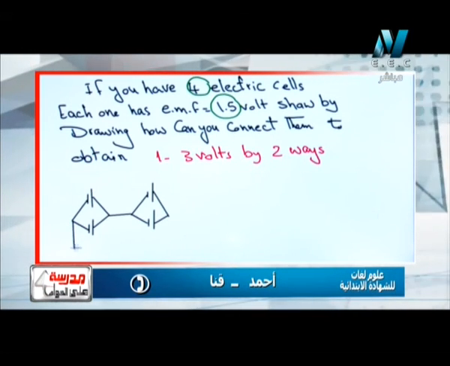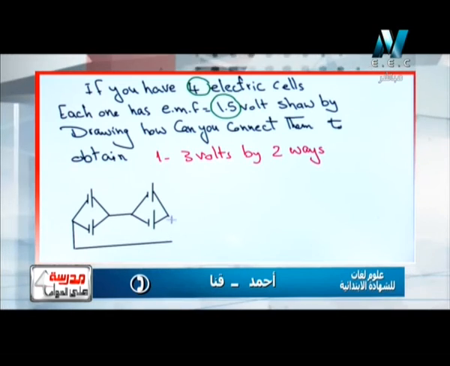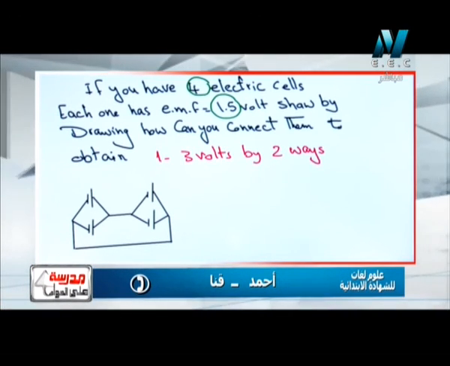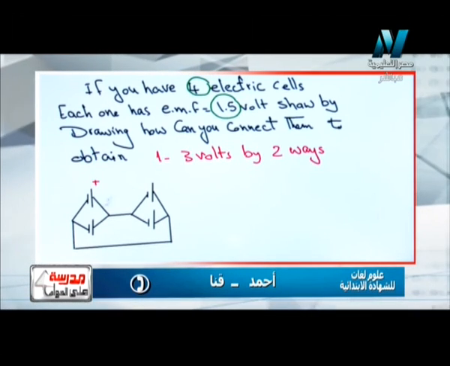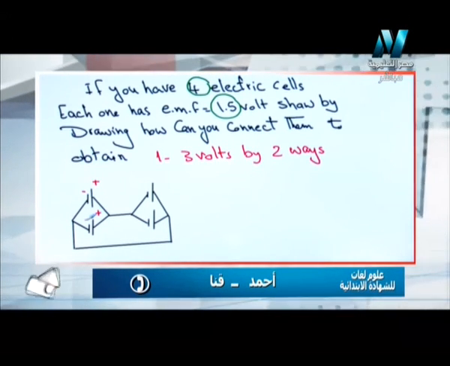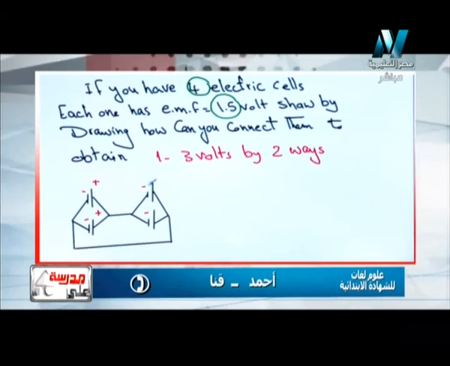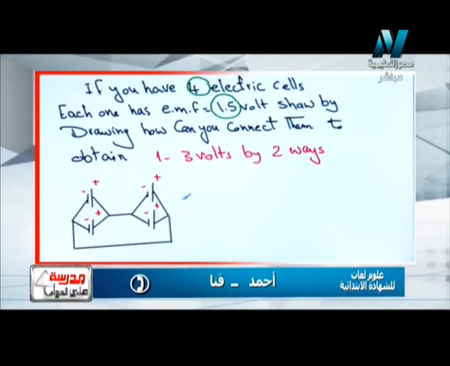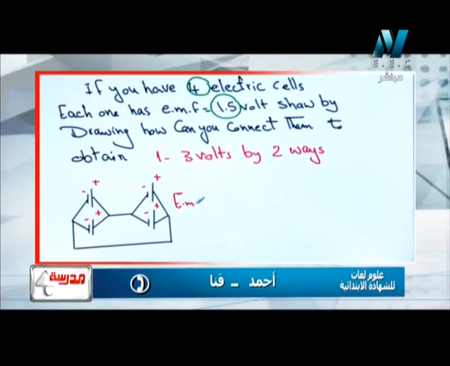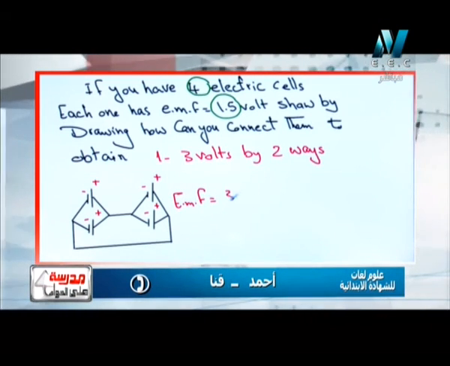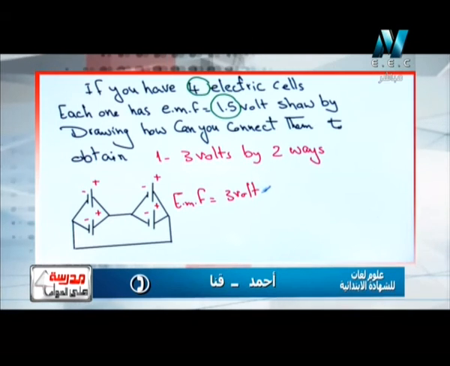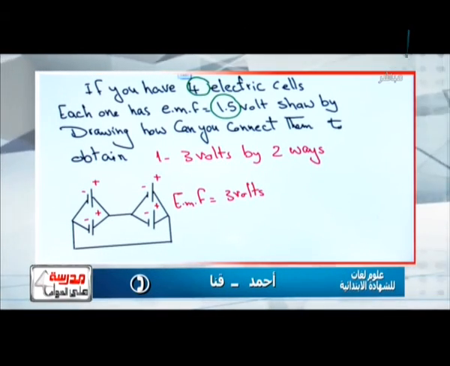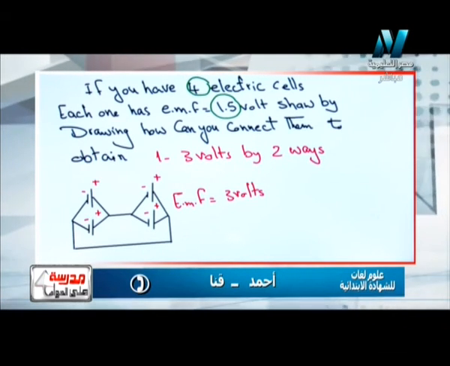And here the electromotive force of the battery equals how many in total? 3 volts. So here positive, positive, and here negative. Note that we end with negative and start with positive on the other side. So the electromotive force equals 3 volts. You have another way to connect them to obtain 3 volts.